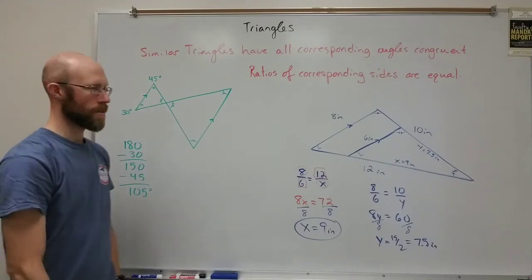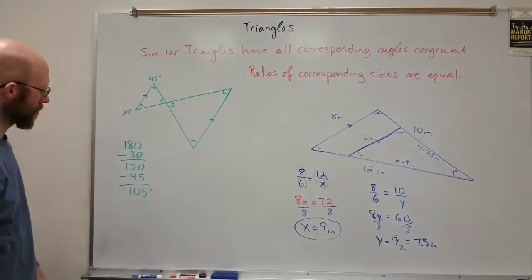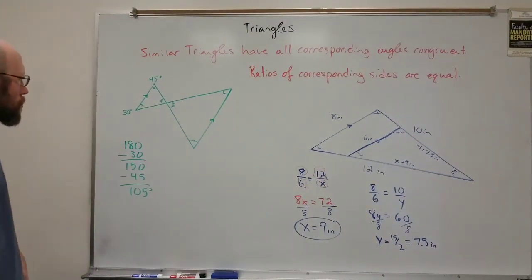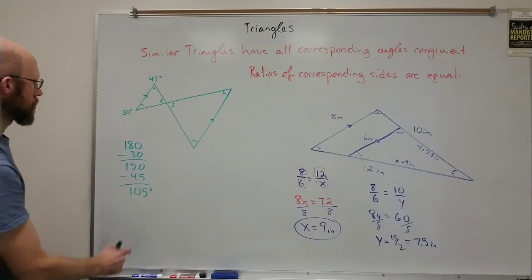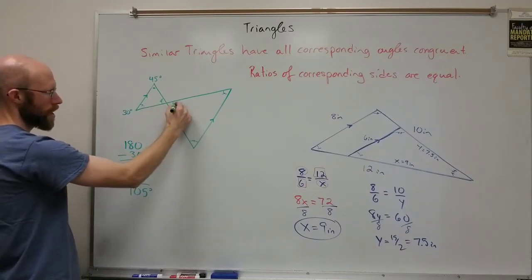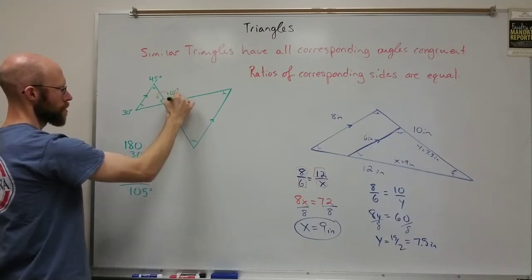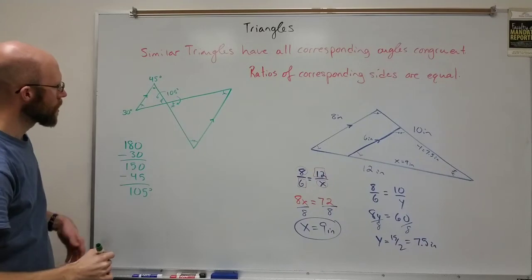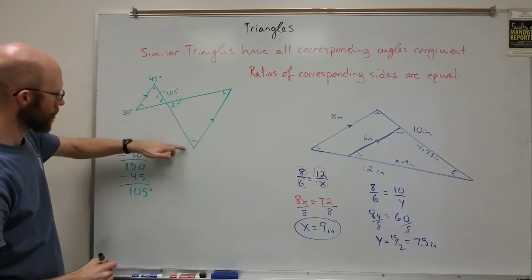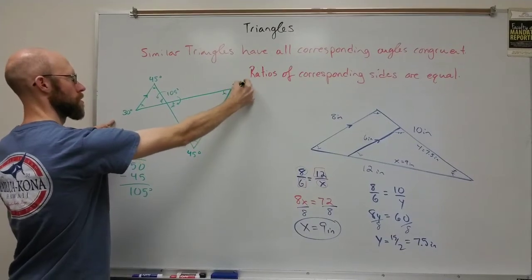For some reason that's not a very good drawing. It's not very much to scale, right? That doesn't look like it's over 90 degrees, but according to what I drew up here, it is. So that's 105, which means its corresponding angle is 105. So 105 degrees for both of those two. And then of course the corresponding angles, I know this one down here is going to be 45 degrees and the one up here is 30.